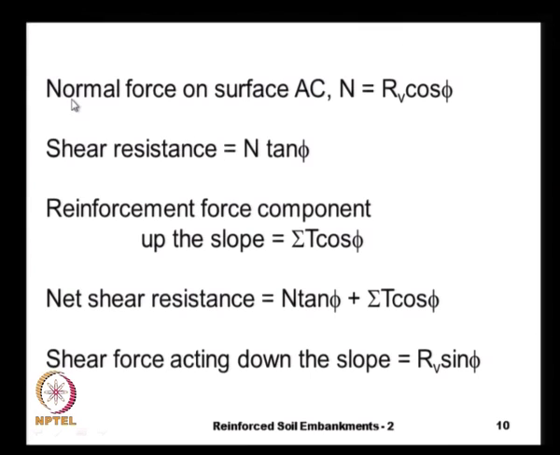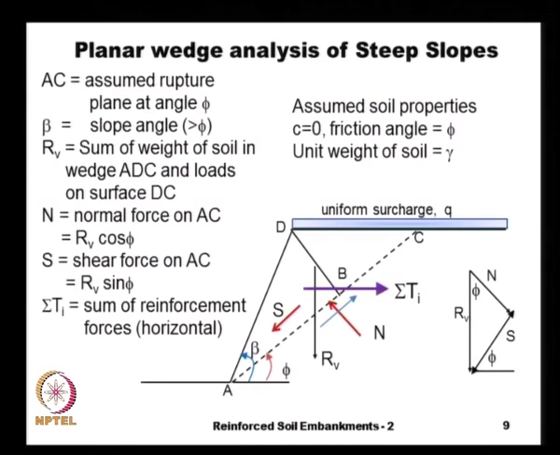As we have seen earlier, the normal force is RV times cosine phi, and the shear resistance is N times tan phi, because the friction here is between two soil surfaces, because here this slope AC is the rupture surface.